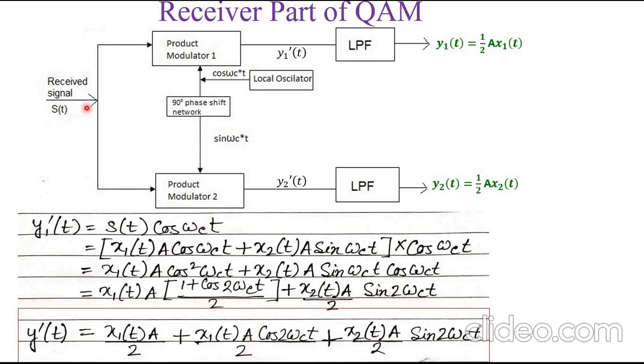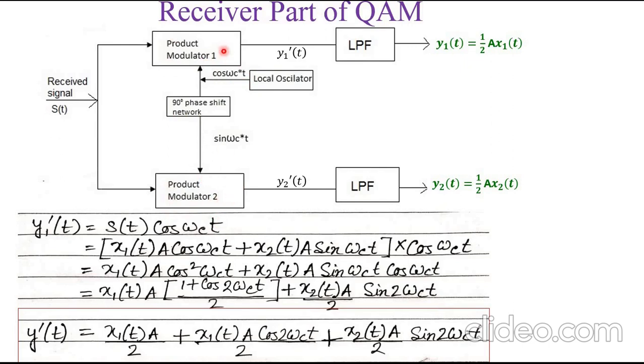Now this received signal is again given to a product modulator, and the product modulator's second input is a carrier signal, which is again in quadrature phase.